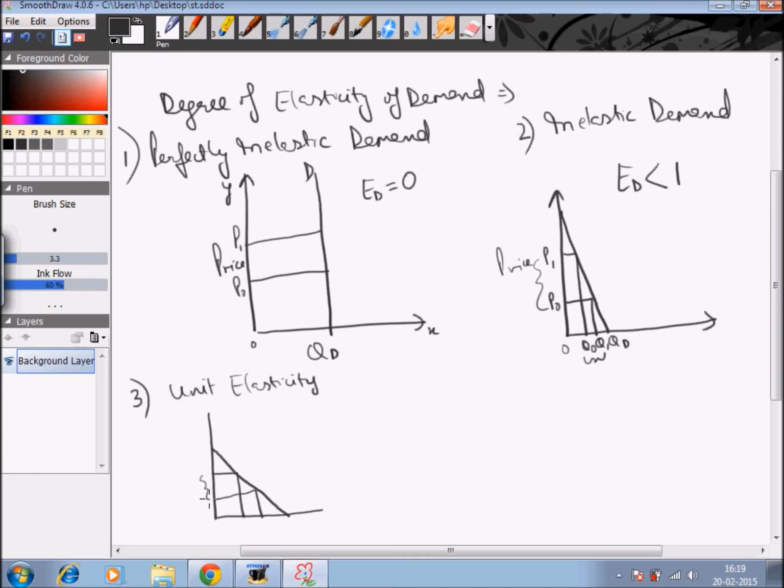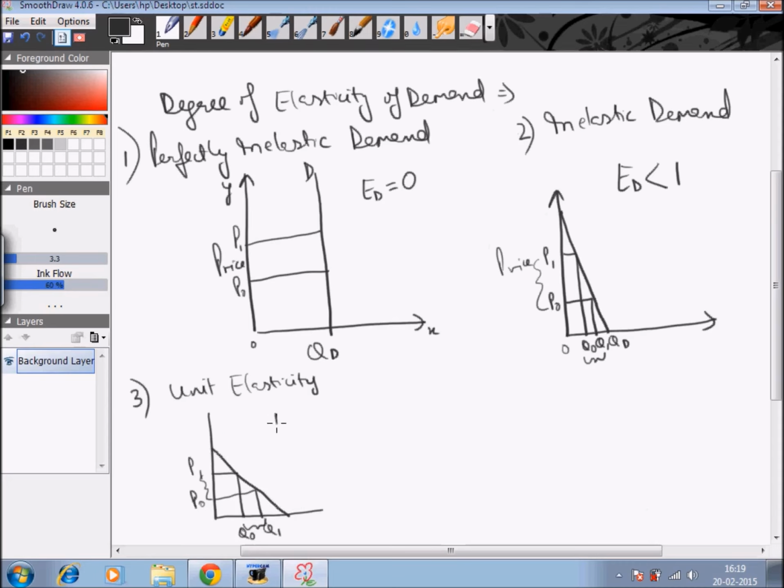We can see here that whatever percentage change is in the price of the commodity, the same is the change in the demand of the commodity. If the price has increased from P0 to P1, the demand has decreased from Q1 to Q0. So this particular curve shows the unit elasticity.